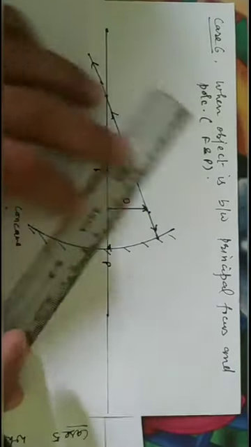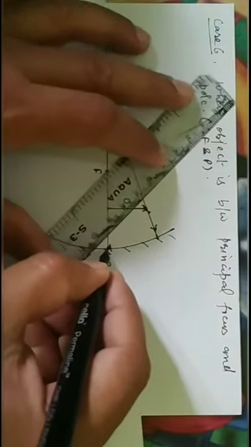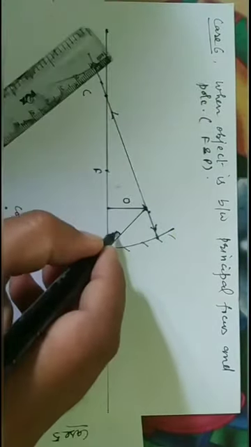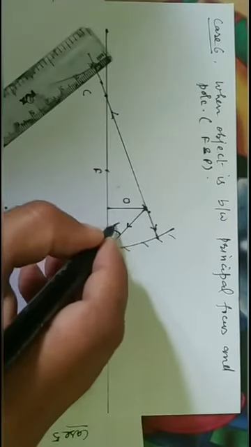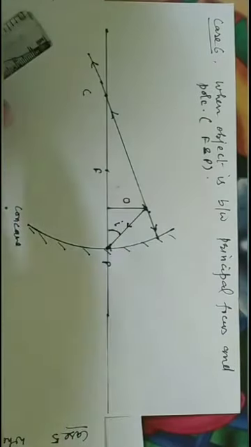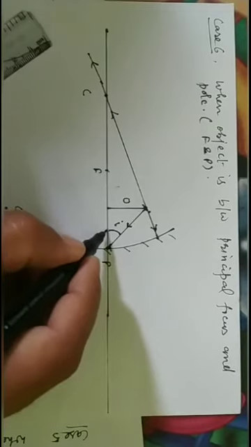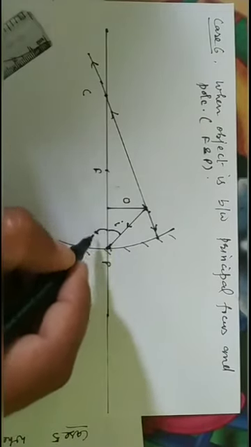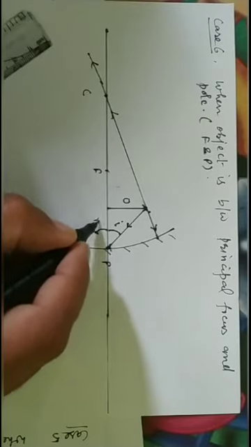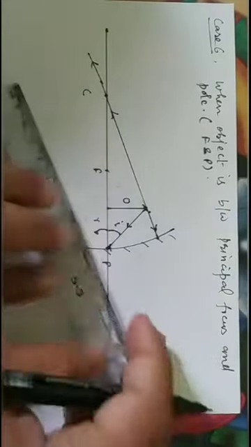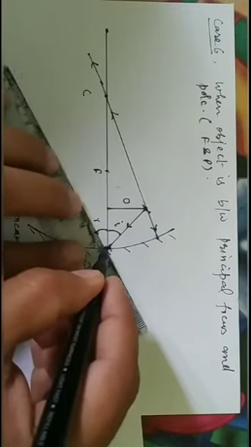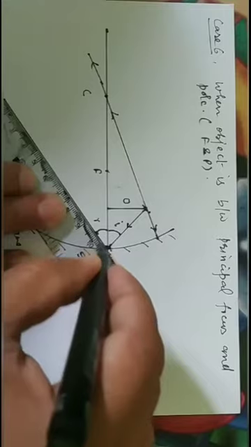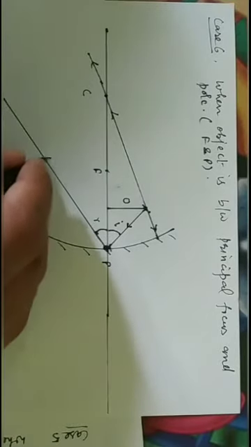Now the second ray, I will make it pass through the principal focus. Any ray which makes some angle of incidence i, the reflected ray will also make an equal angle of reflection. So I'll draw the reflected ray along this direction. This is our second reflected ray.